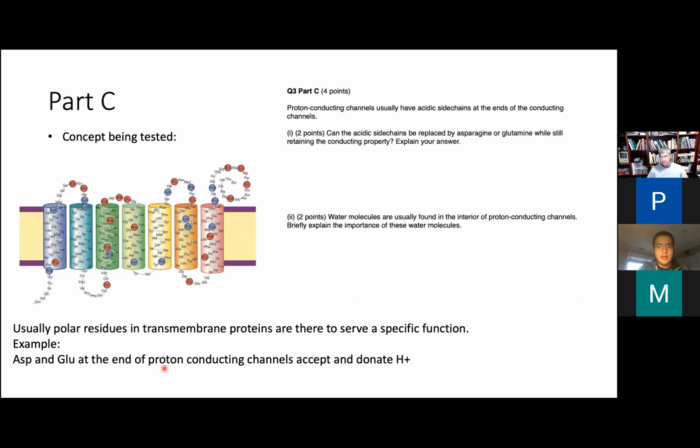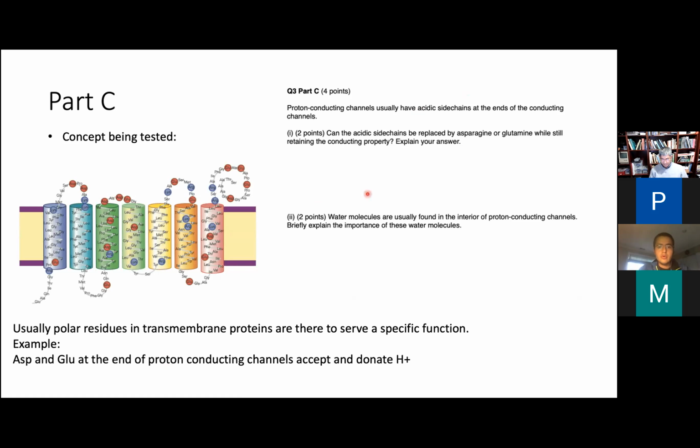And then part C, this is, I think, the easiest question out of the three. The concept being tested in this case focuses on ion channels. You guys talked about it when talking about bacteriorhodopsin. So it's asking, proton conducting channels usually have acidic side chains, but what happens if you change these side chains? Will it still work?